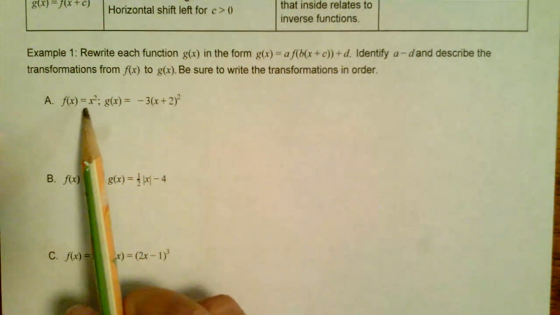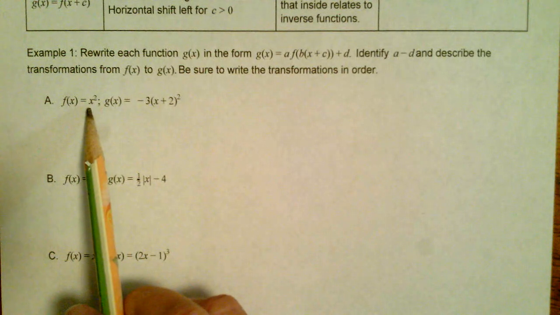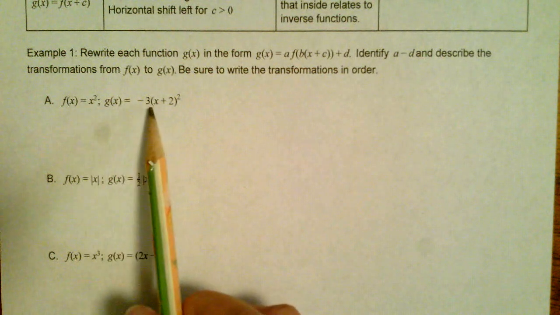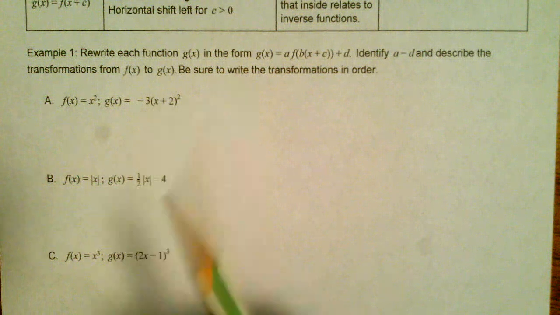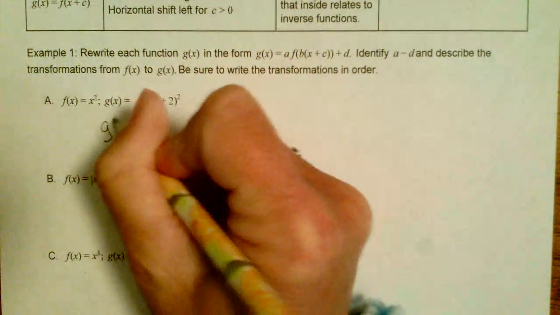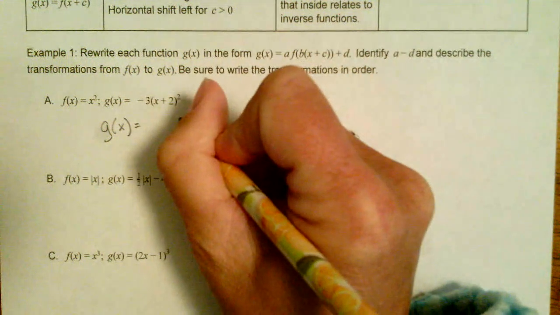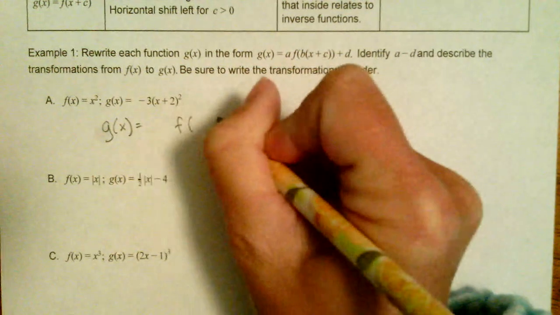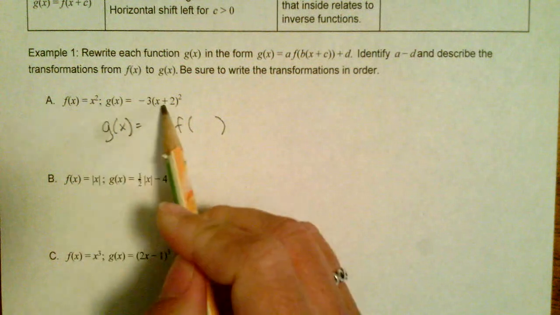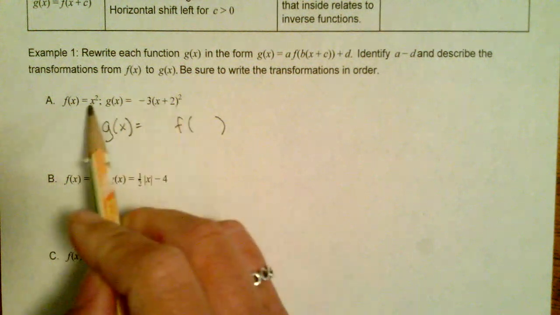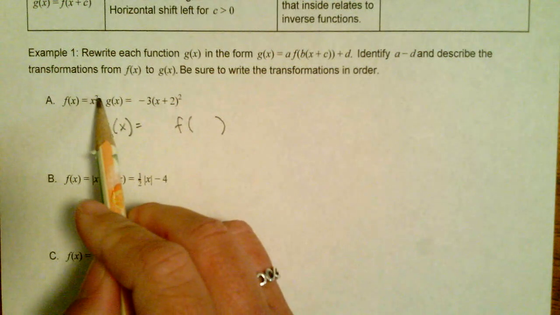So I see that my f of x is x squared. I can see something squared here. So I am going to write my g of x is f of, and what's being squared, right? Because f of x tells me my input is squared.